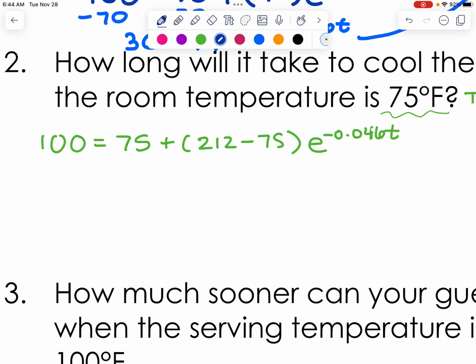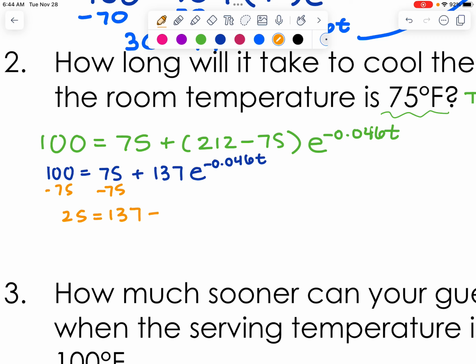And we are going to solve this for t. So 212 minus 75 is 137. So again, 100 equals 75 plus 137 e to the negative 0.046t. Next, I'm going to subtract 75 from both sides, and I get 25 equals 137 e to the negative 0.046t. Next, I would divide by 137.